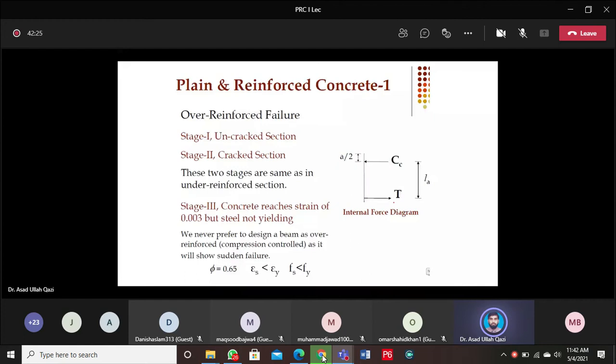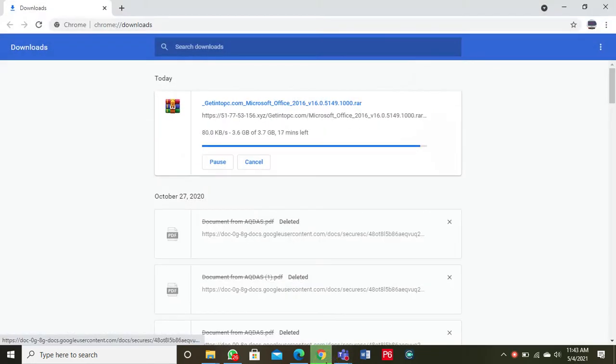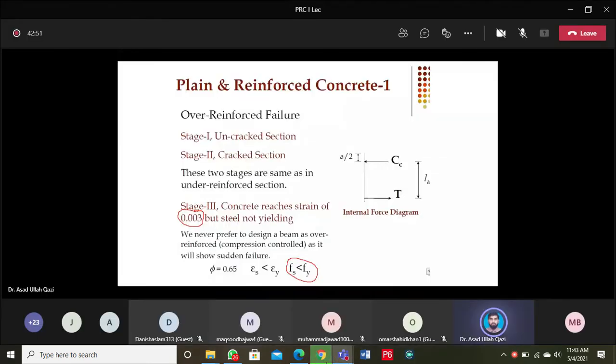It means the stress in the steel bar corresponding to failure in the concrete is below fy.